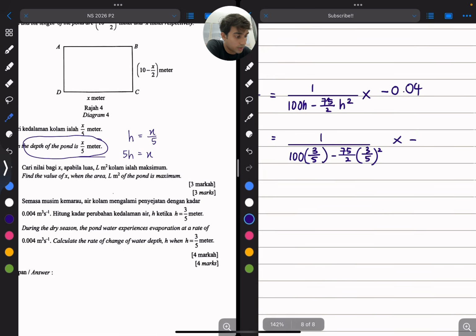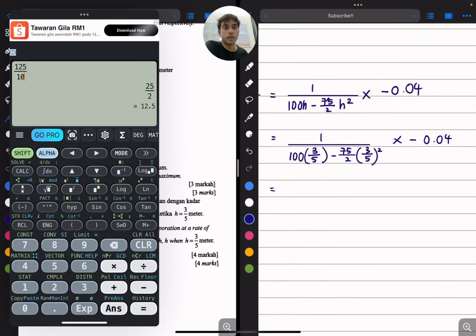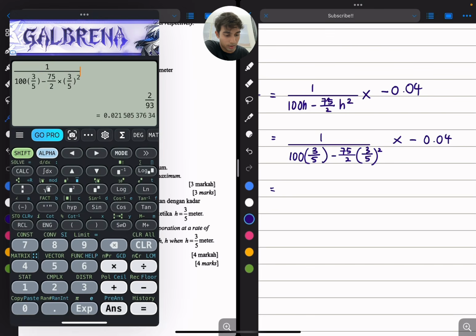Times negative 0.04. It's really long. Okay. 1 over 100 times 3 over 5 minus 75 over 2 times 3 over 5 squared times negative 0.04.